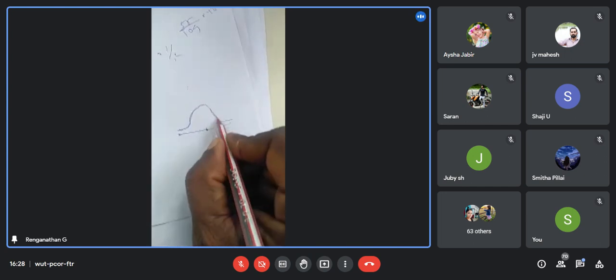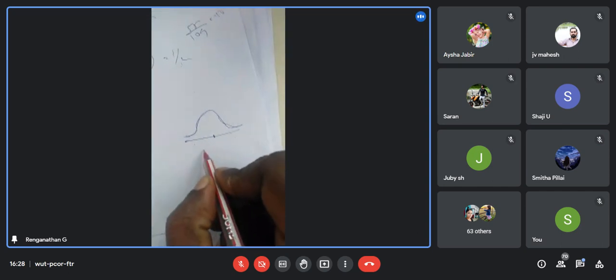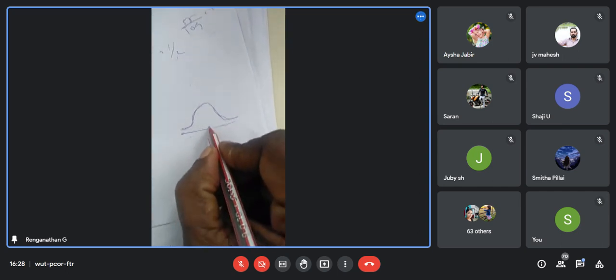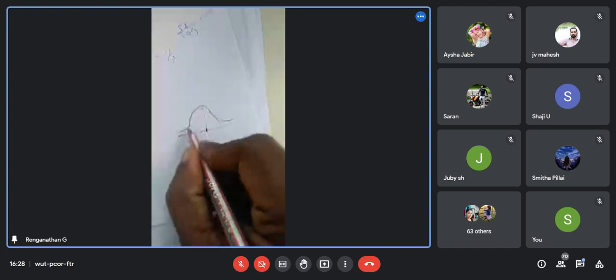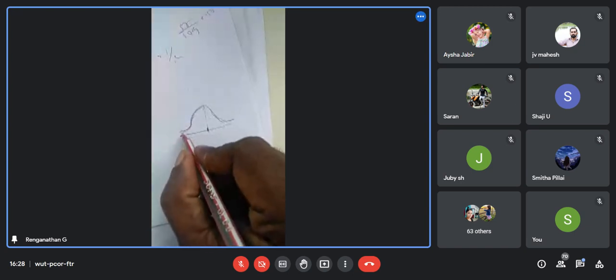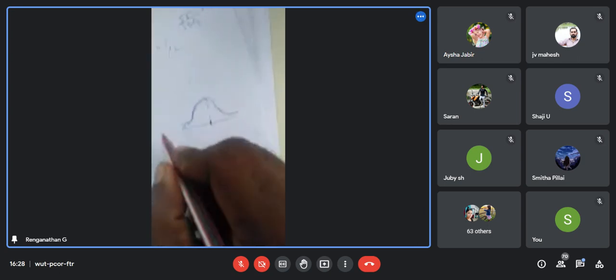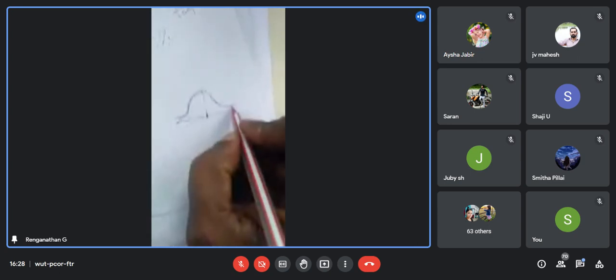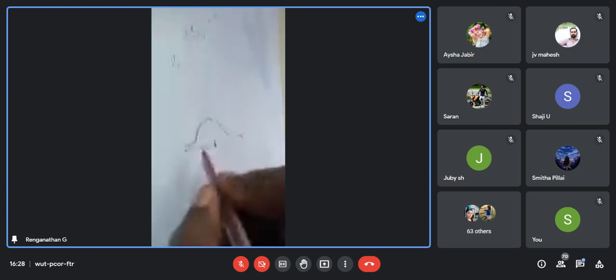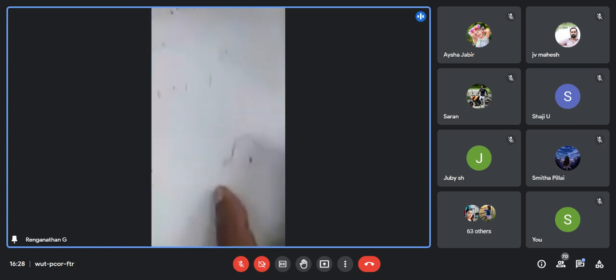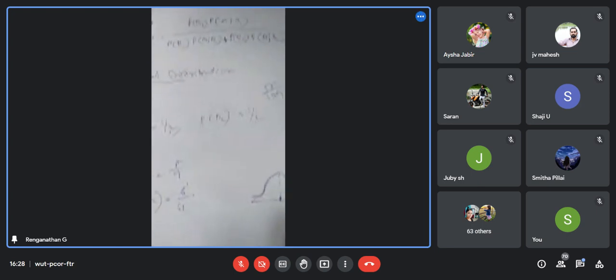More or less looks like this, the curve. This curve is called a normal distribution curve. Okay, this is the midpoint, and there is a negative portion and there is a positive portion. Negative portion means not happening of that event, and positive portion means happening of that event. And an analysis of this probability with the help of the available data is called a normal distribution.